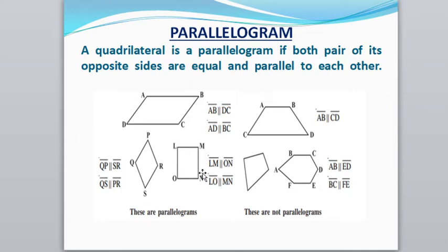Then in the next figure it is given LMON, where LM is parallel to ON and OL is parallel to MN. So here opposite sides are parallel and equal, that's why it is also a parallelogram.